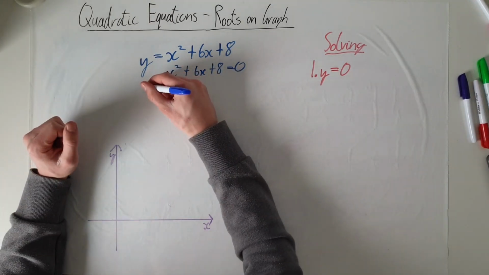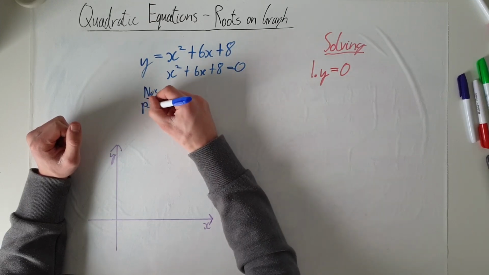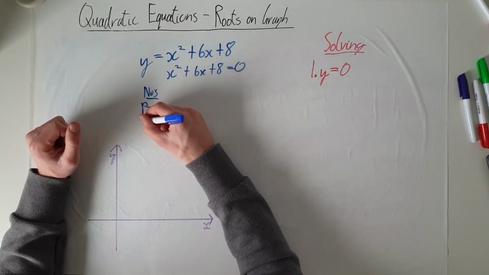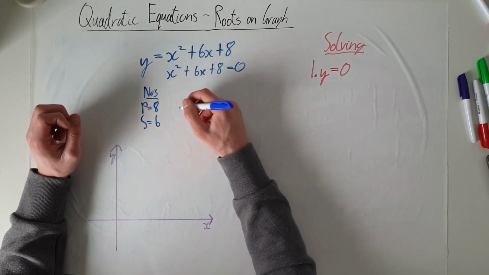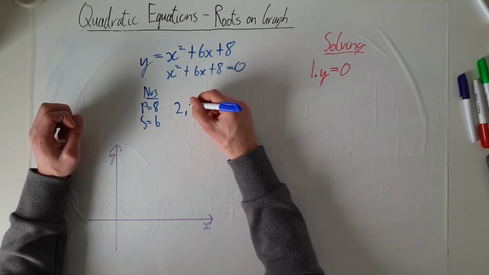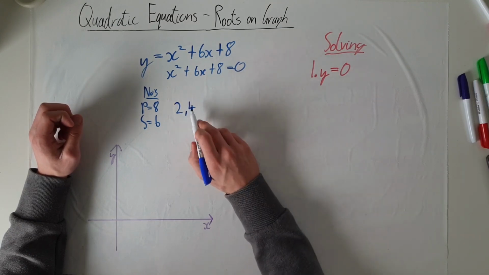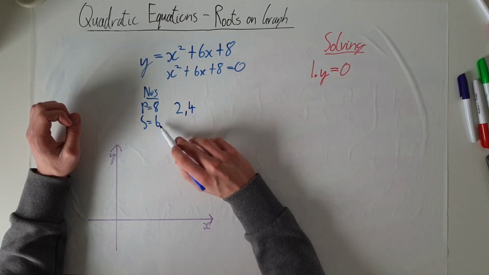So doing this, we'll have our numbers for our product and our sum. Our product is 8 and our sum is 6. Thinking of two numbers for this, 2 and 4, because 2 times 4 is 8, and then 2 add 4 is 6.